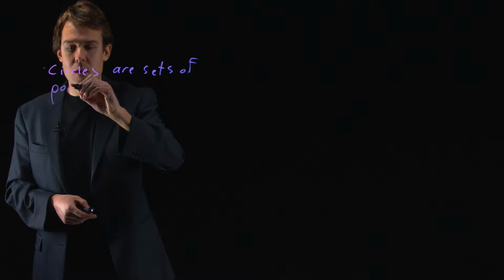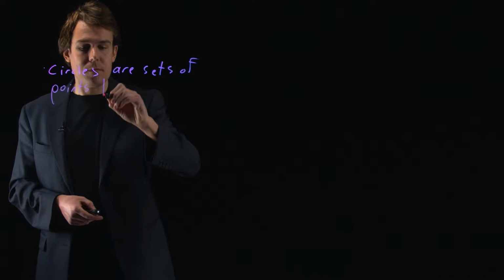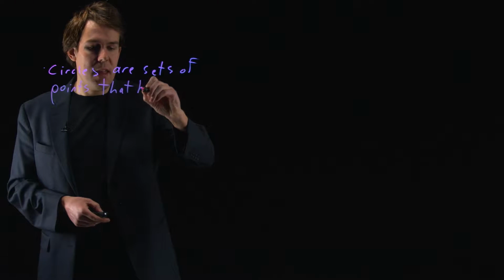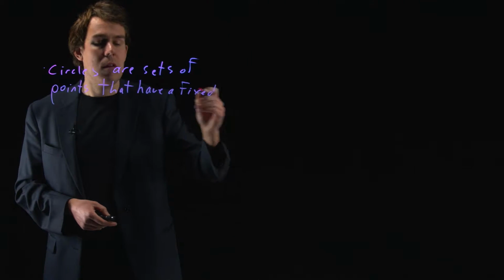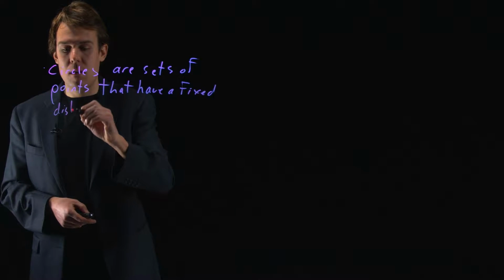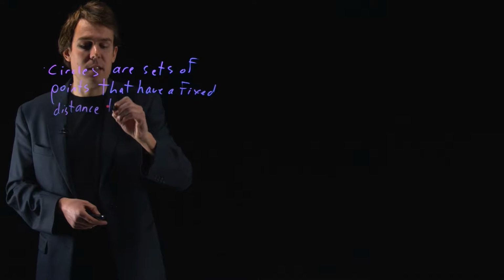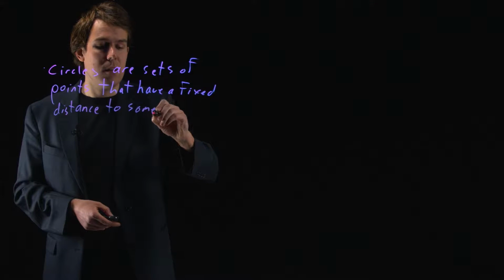Welcome back. We'll look now at our first conic section. We'll discuss circles. One way to think of circles is as sets of points that have a fixed distance to some center point.